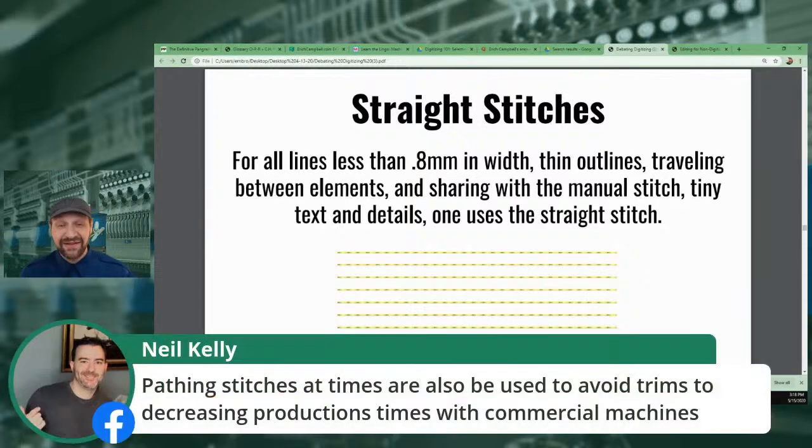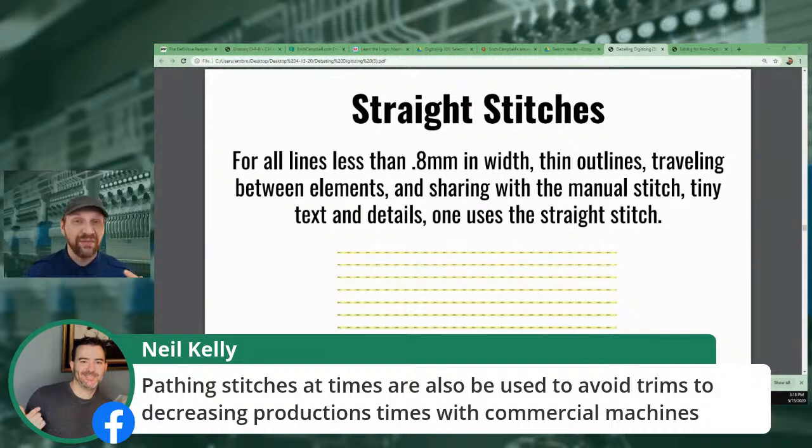Neil says, and this is exactly what I was talking about when we're talking about running stitches being way more efficient because you're not doing the jump and the trim. It's really slow. Yeah, pathing stitches are used to avoid trims to decrease production times of commercial machines. Absolutely. Pathing is absolutely using pathing or travel stitches. Like I said, traveling runs, travel runs. You'll also see some settings will say, okay, run when jumps are small. You can actually set that on different softwares.